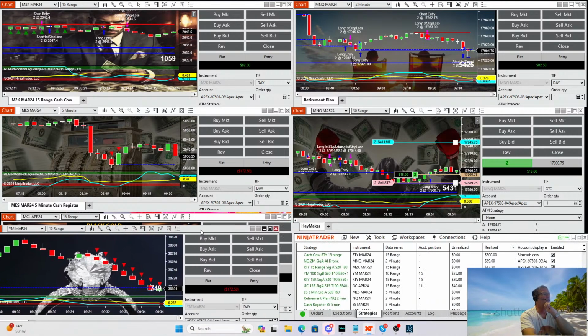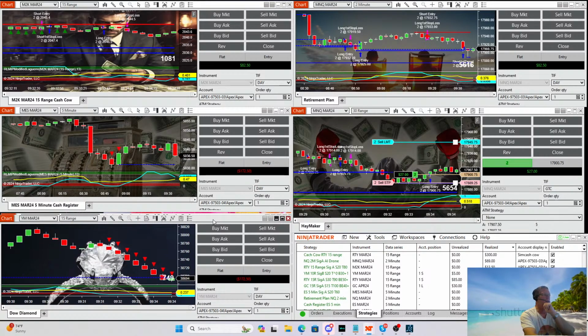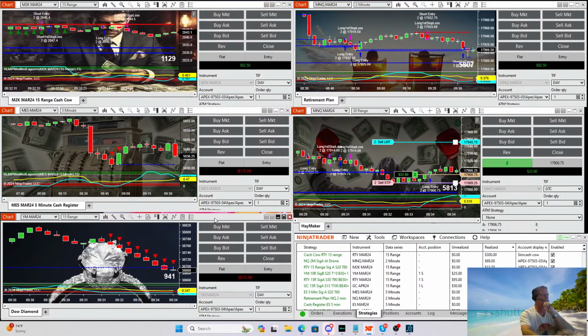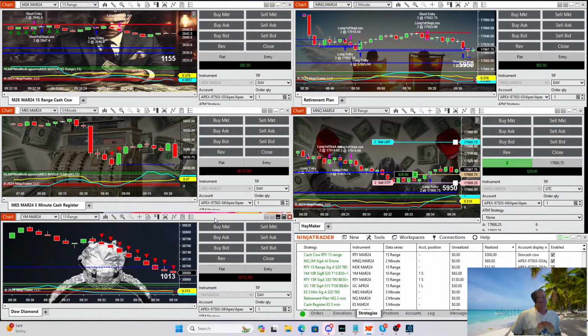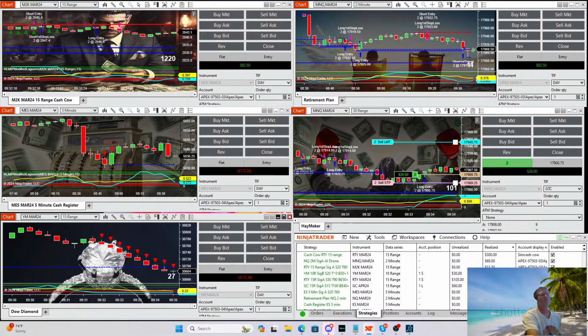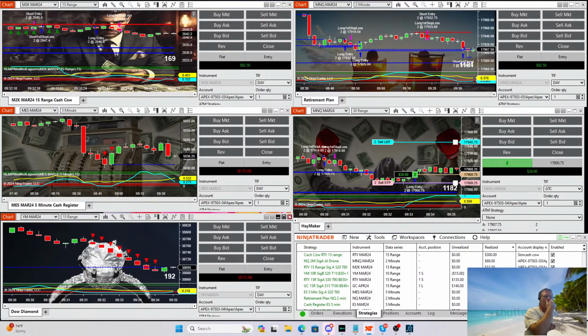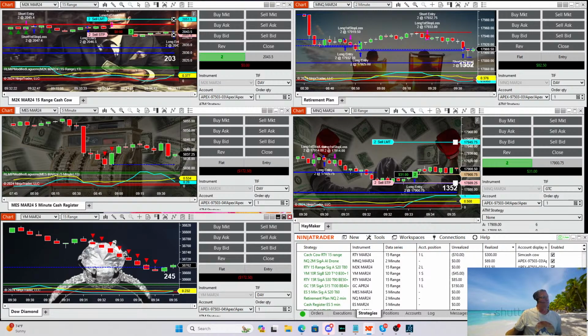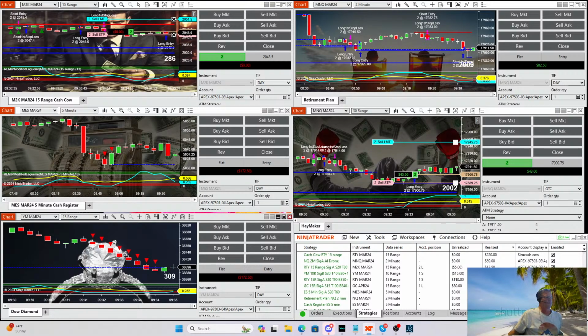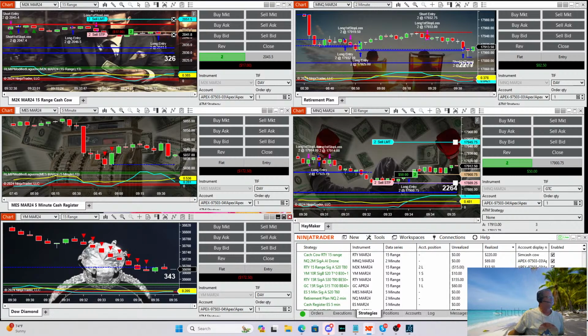If we see that come into play, and it takes a trade, I'll move that chart over. Black gold, yeah.